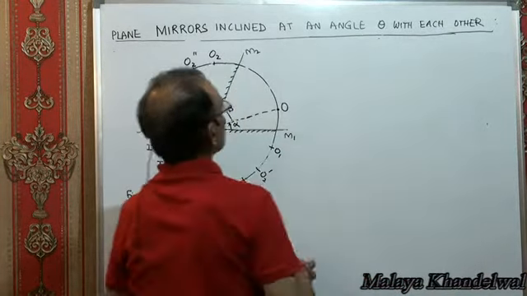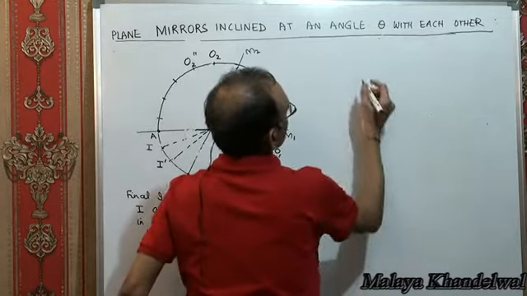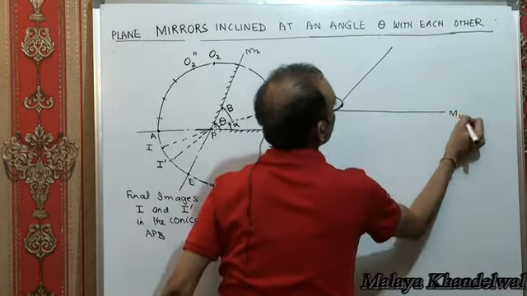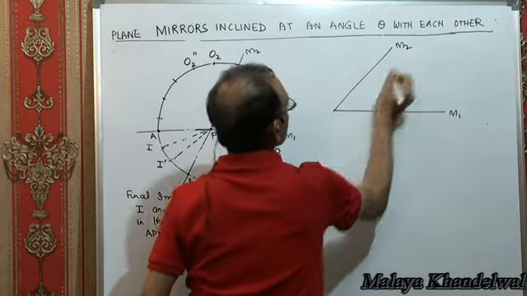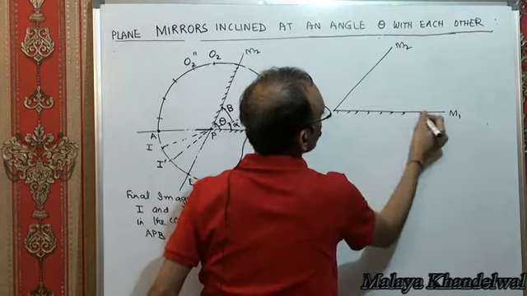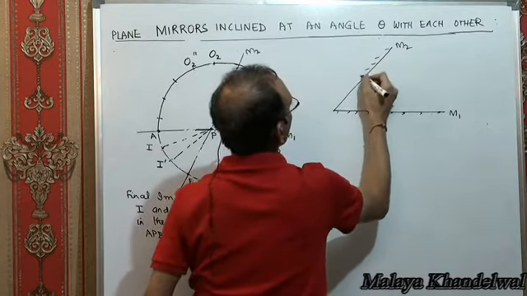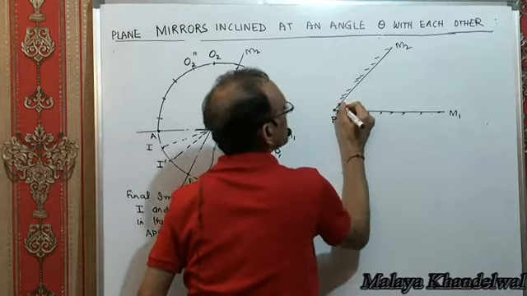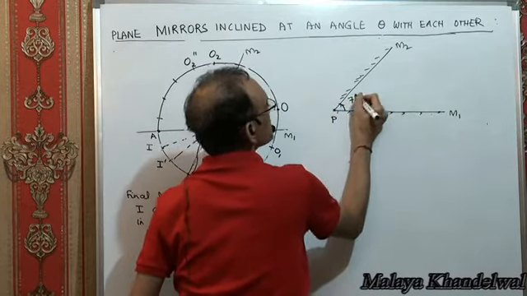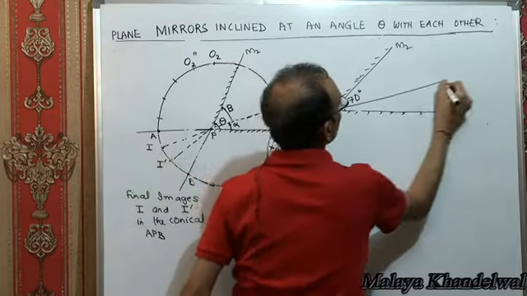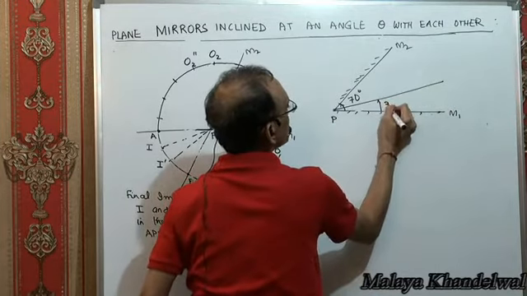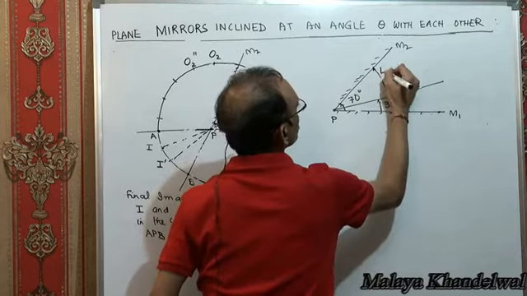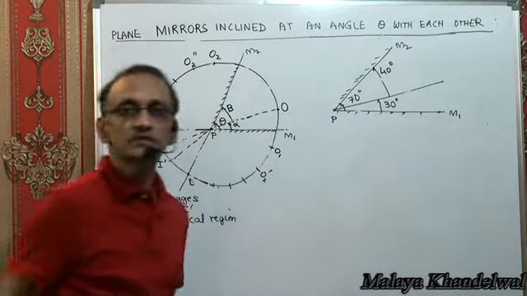Say this was mirror M1 and this was mirror M2. This was the point P, and say the angle between the mirrors was 70 degrees, and say this angle was 30 degrees and this was 40 degrees, and I want to be able to count the number of images.